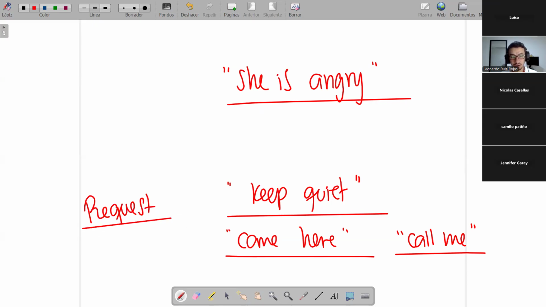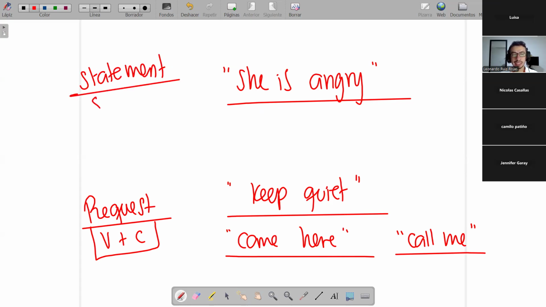It means that it's only a verb and a complement, and it's something that I want the person to do. In this case, it's called a statement. And it's nothing that I want the person to do, but it's something that I want to tell about the person. No es nada que yo quiera que la persona haga, sino es algo que quiero contar, ¿cierto? Es una oración sencilla, subject, verb, and complement, right? En este caso es solo verb and complement, o sea, un imperativo, algo que quiero que haga la persona, right?